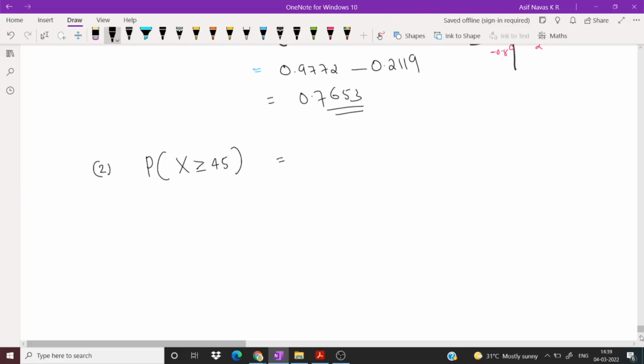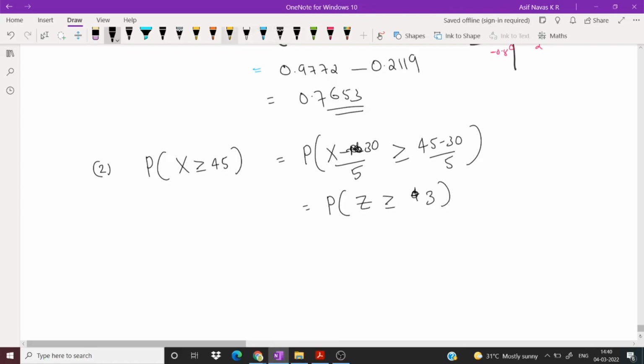This is the same as P of (x minus mu) divided by sigma, that is x minus 30 divided by 5, greater than or equal to 45 minus 30 divided by 5. We first convert it into standard normal. So this is P of z greater than or equal to 3.